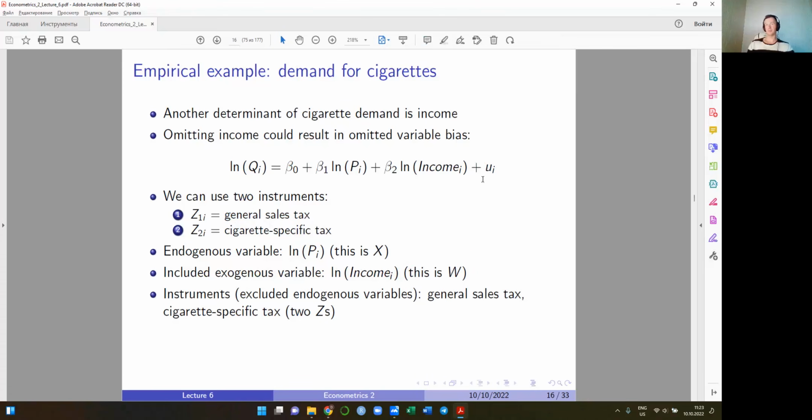Might be, but well, at least this is a control variable, right? We don't care much about the income elasticity, because as a government we cannot change income. Well, in principle, we can give something like subsidies for people to smoke, right? So instruments: two Zs, general sales tax and cigarette-specific tax.